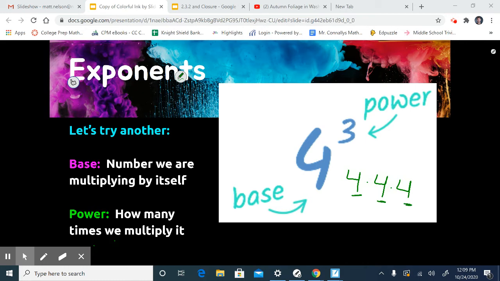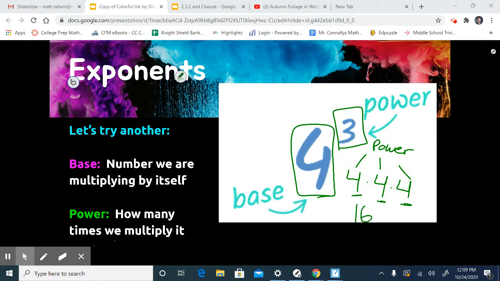This is our base number, the big number we're going to be writing. And then this tiny number up top, our power, is telling us how many times we are going to be writing it, or multiplying it by itself. And so here, if we solve this, 4 times 4 gives us 16. And then if we multiply 16 by 4, we would get 64.